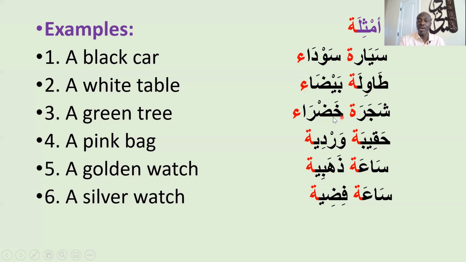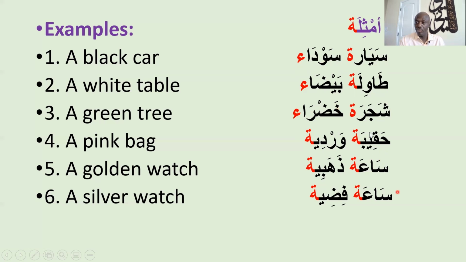شجرة خضراء, a green tree. شجرة is tree. خضراء is green, but green is in its feminine form. حقيبة وردية. So 1, 2, and 3, these are like the major colors, the rainbow colors. So they take different shapes in order to be formed in their feminine form.